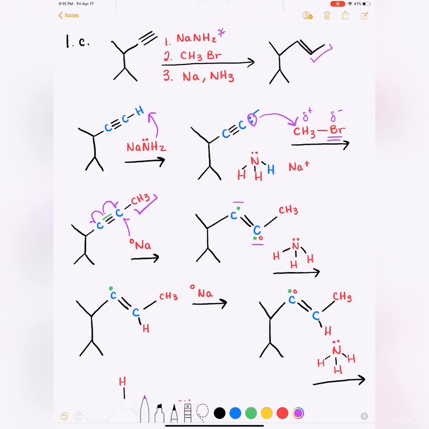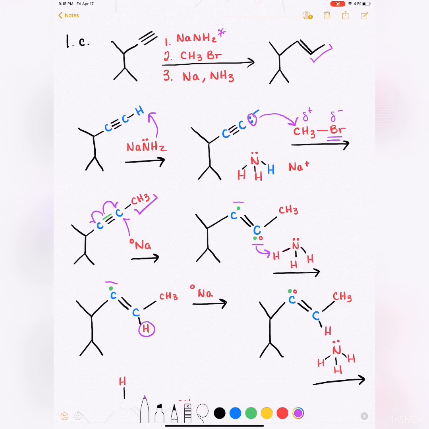So this lone pair on this carbon can reach out and attack a hydrogen from the ammonia already in solution. This hydrogen will break off and satisfy that lone pair of electrons and create this hydrogen bond. The same exact process is going to happen again with this carbon radical.